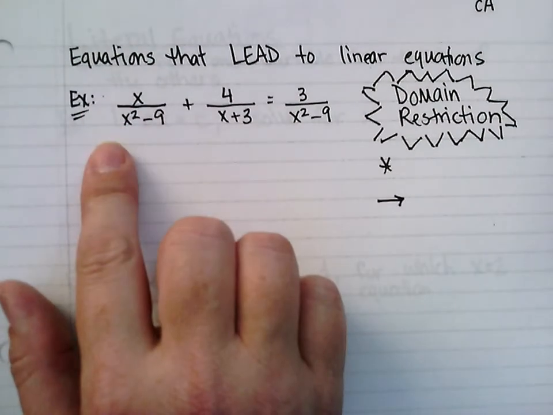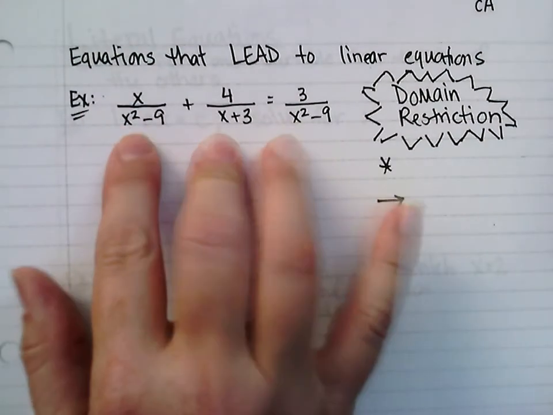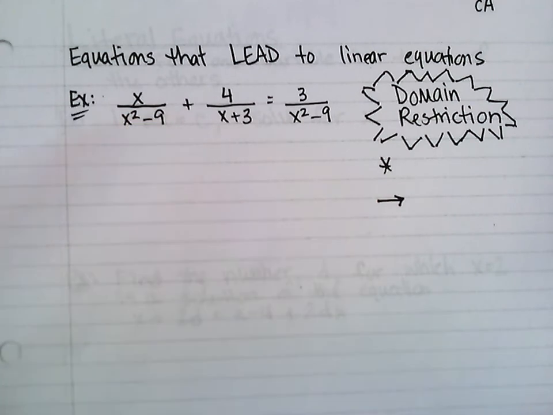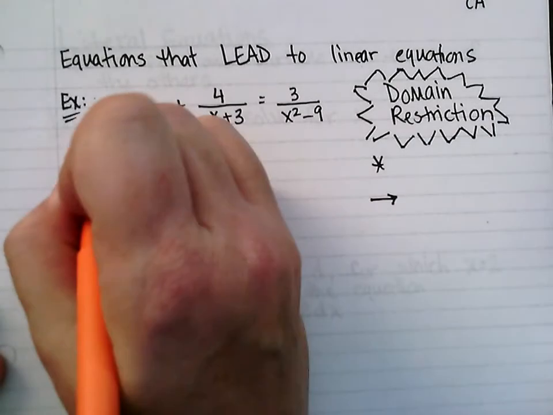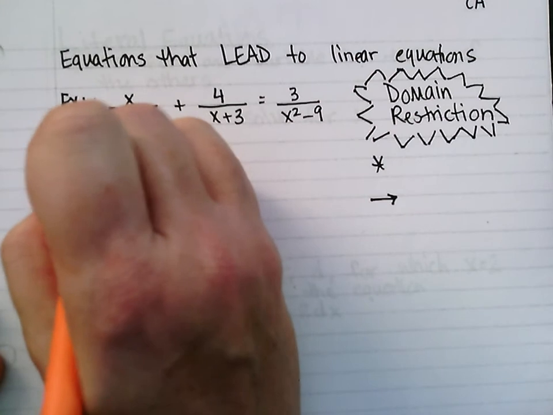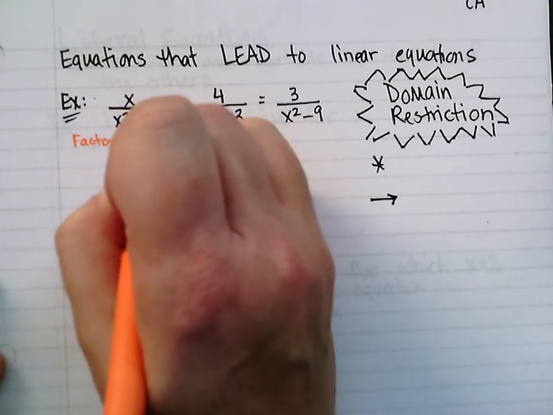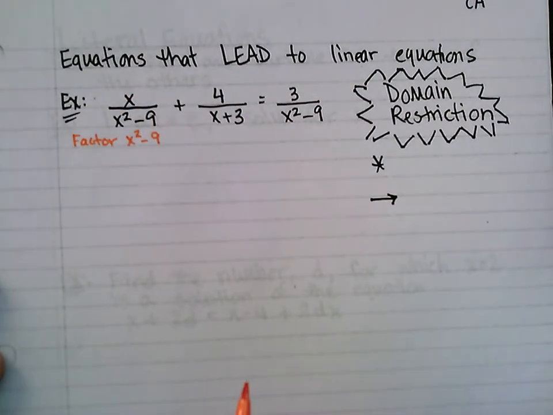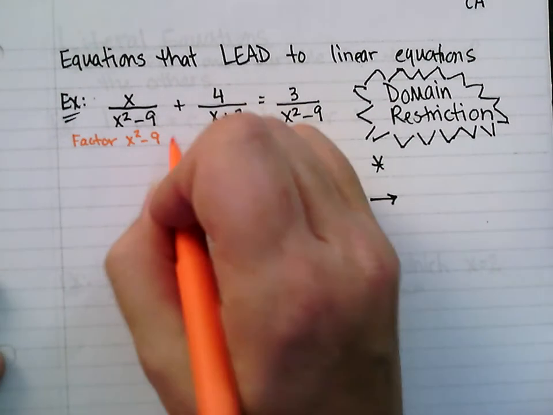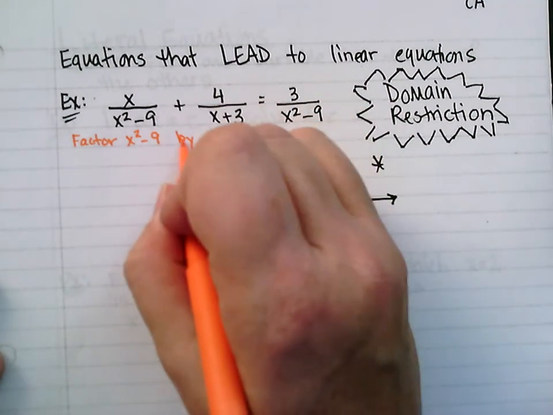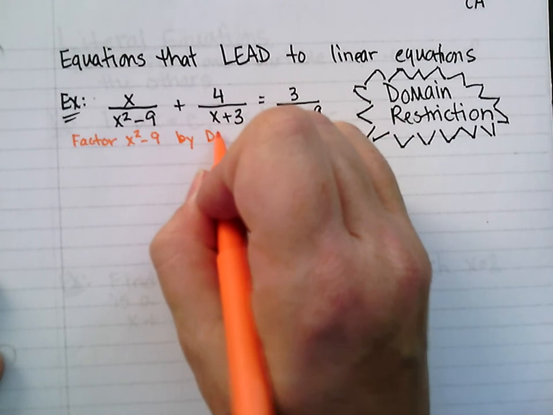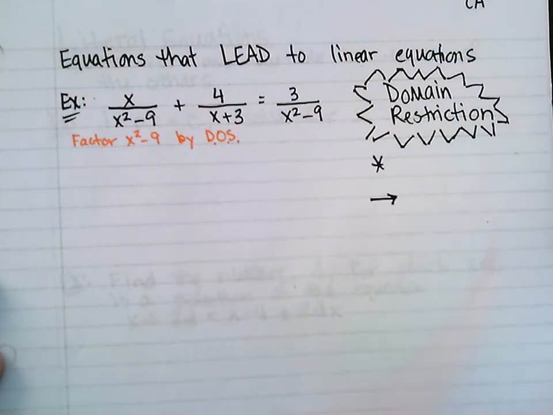First of all, we're going to clear our fractions, but before we do that, we want to factor this guy here, this x squared minus 9. Hopefully that is familiar to you from your time in your previous math classes. It is difference of squares, which I will always abbreviate DOS.